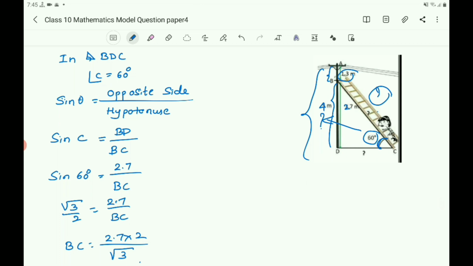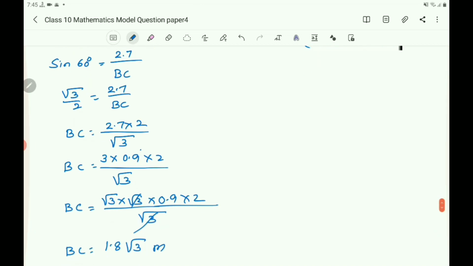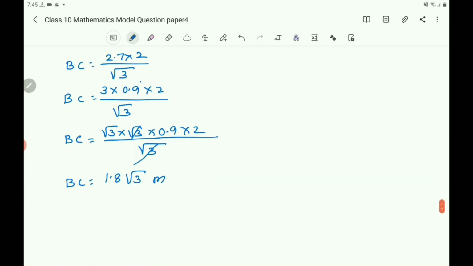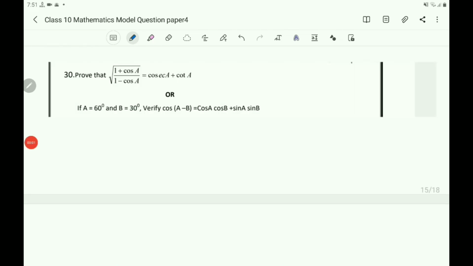Length of the ladder is 1.8 root 3 meter.